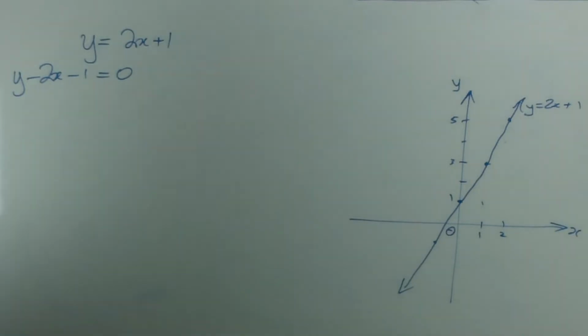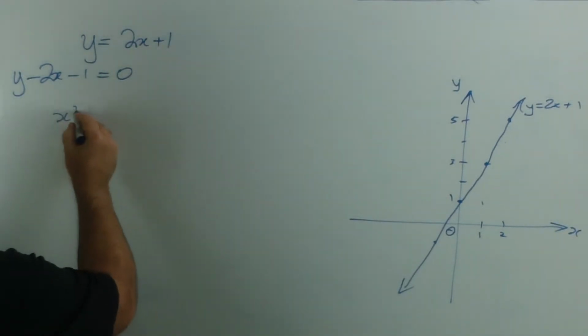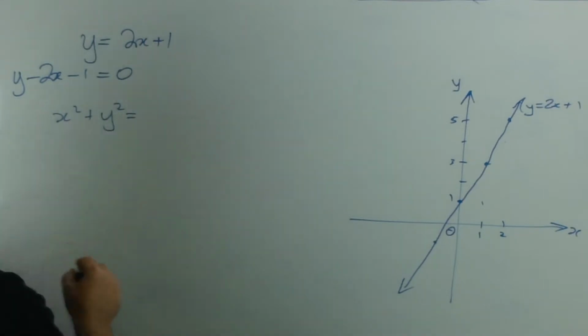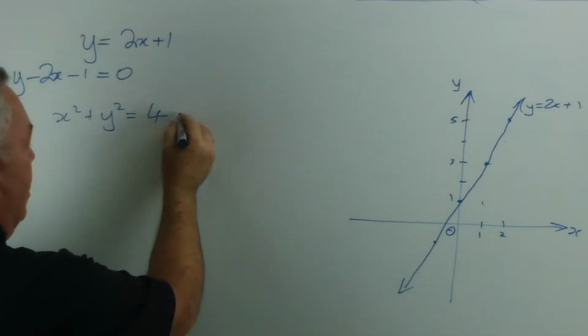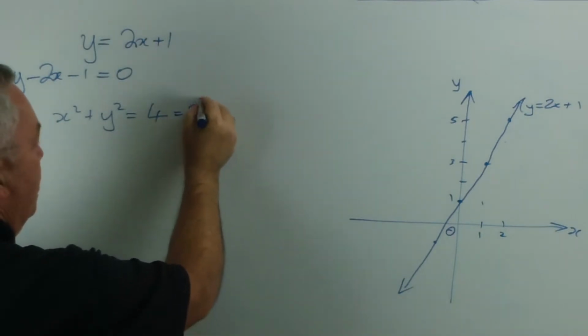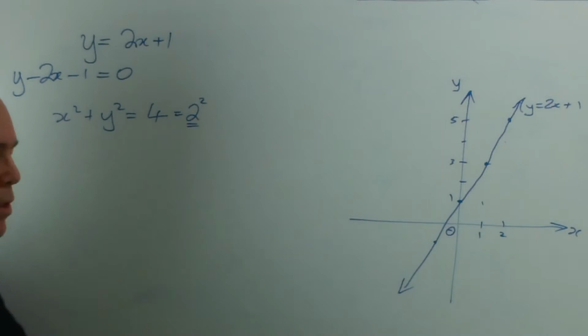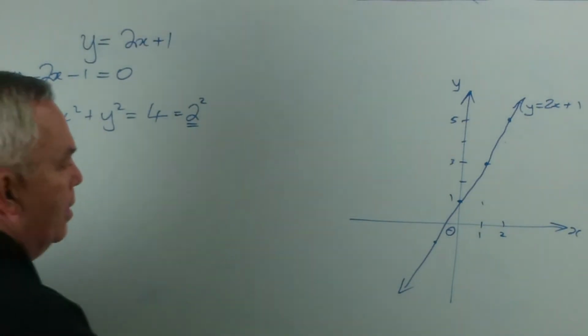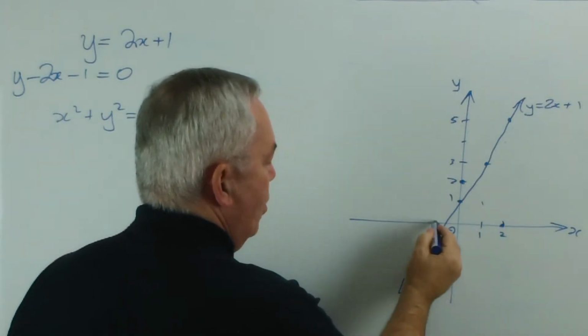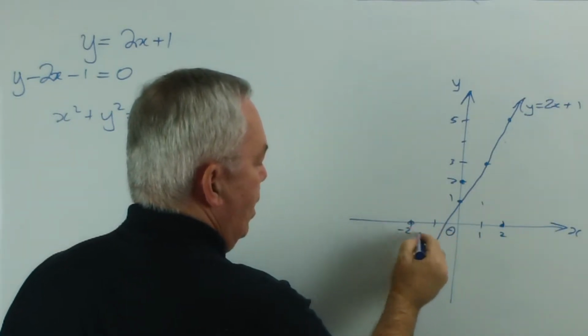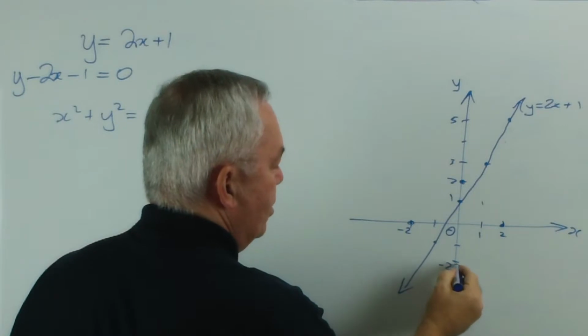Let's choose a circle. X squared plus y squared equals 4. Now this, of course, is 2 squared, so I know that the radius of the circle is going to be 2. That is, it will go through that point, minus 2 here.